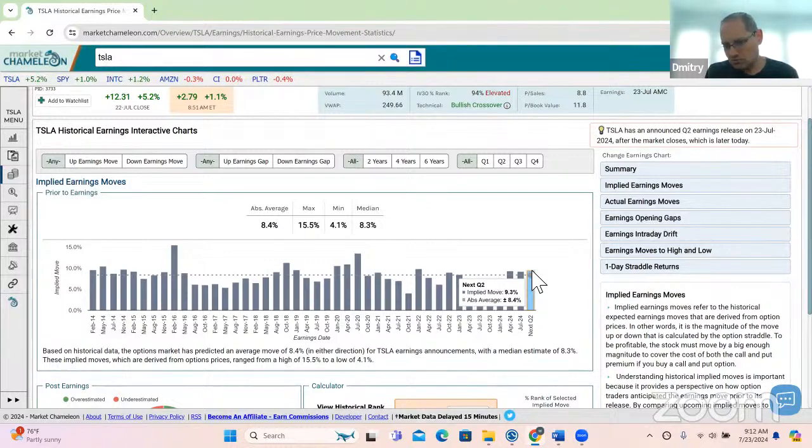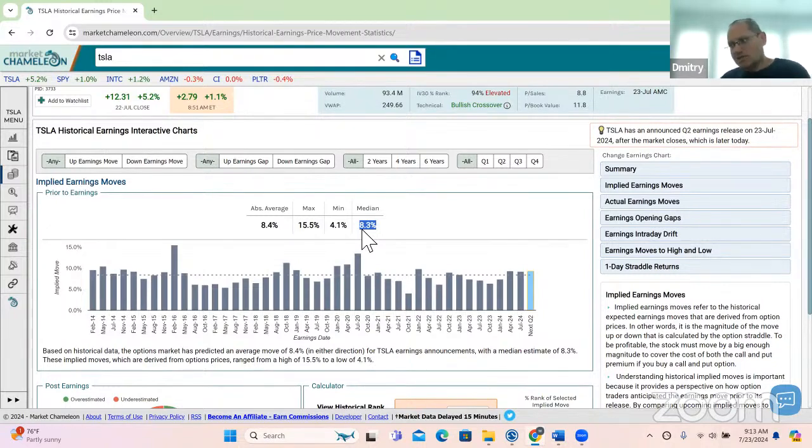What this is saying is that yesterday's straddle implied a 9.3% move. Compared to the average of 8.4%, that's not quite 1% above, about 0.9% above its historical average. It's definitely within the high-low range of 15.5 and 4.1, and above the median. And that might be fine as well because Tesla still has an additional day of trading besides the earnings event, so it could still move today.